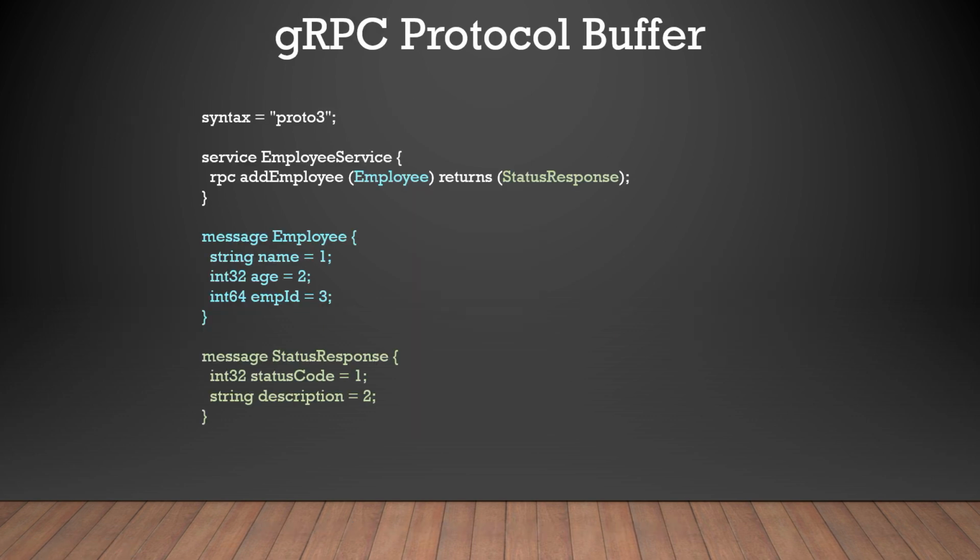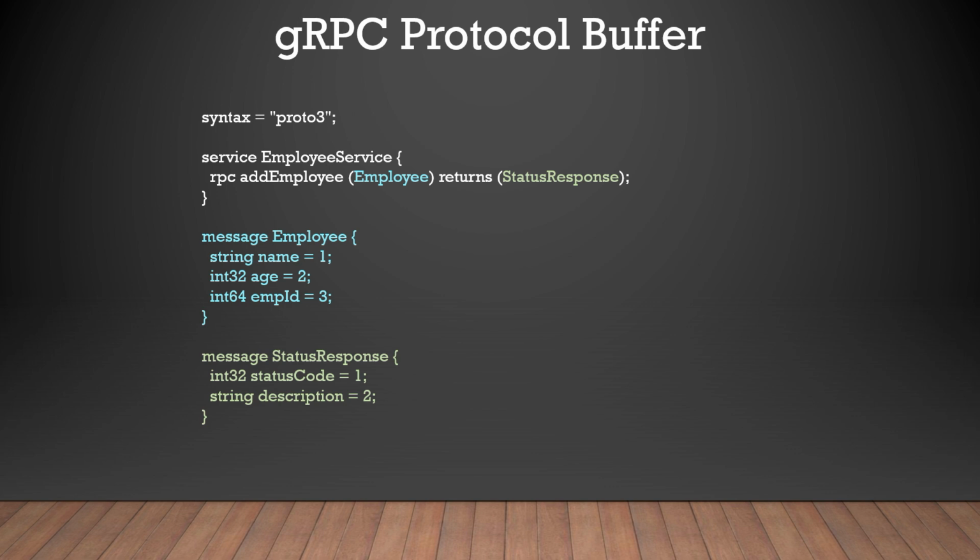This is an example of a gRPC protocol buffer. Here, the same syntax we will mention. Then we have a service object there. This service defines the function that is used to send data to the other side. Here we are saying that the RPC function is add employee. It has a parameter employee and that will be sent to the server side. Then it returns an object called status response.